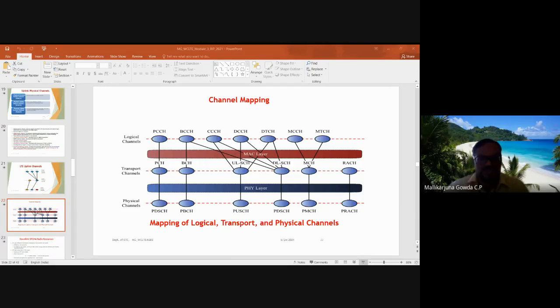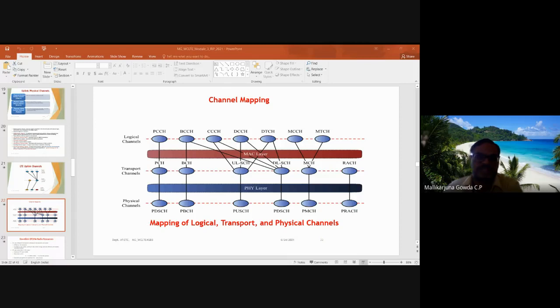Then the MAC layer is there. How logical channels are mapped to transport channels is written here. Under the transport channels, 6 are written: paging channel, broadcast channel, uplink shared channel, downlink shared channel, multicast channel, and random access channel. From logical channels, just try to understand.